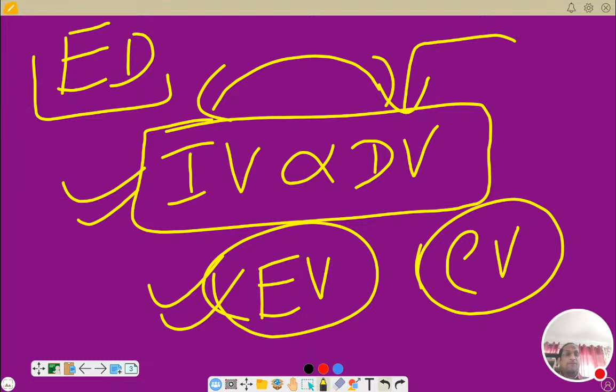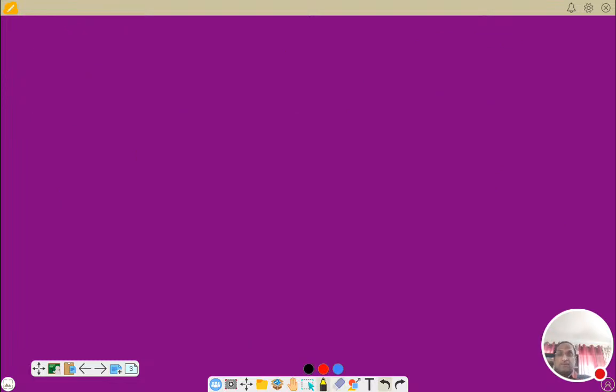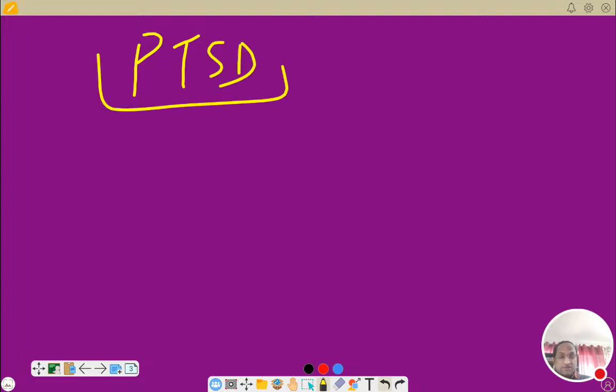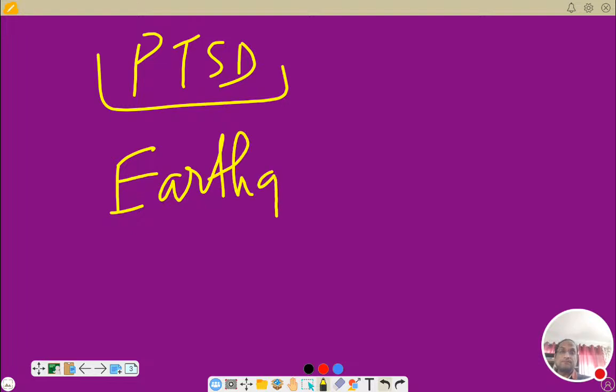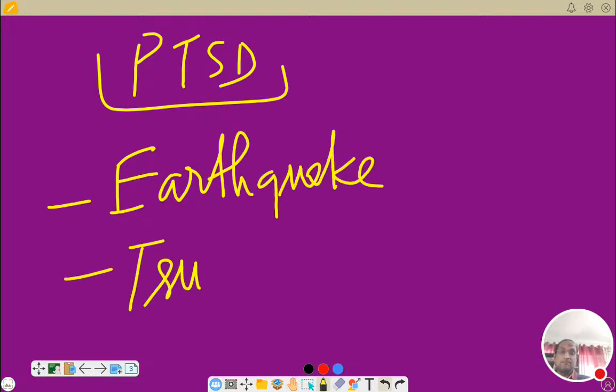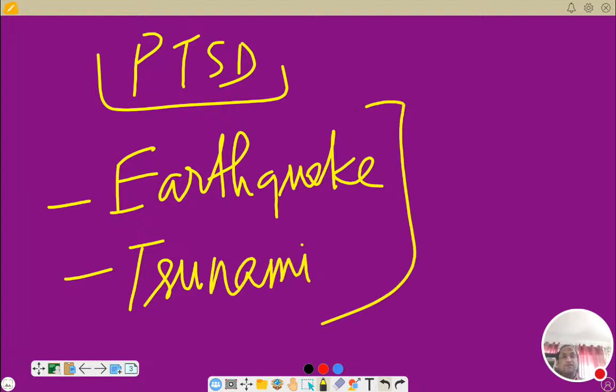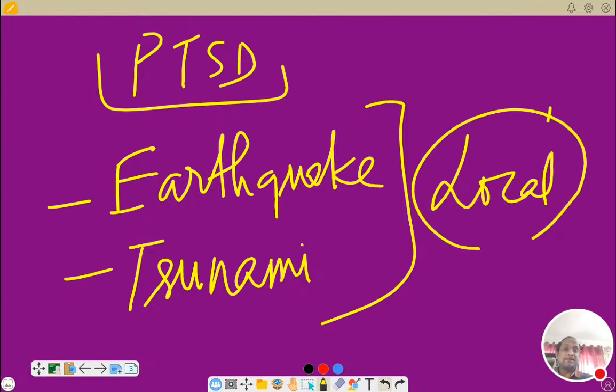Then comes the restriction of time, because there are certain events which have already occurred. What will you say for PTSD, post traumatic stress disorder, which was there because of an earthquake or tsunami in a certain area, after which the local people living there were found to have PTSD?